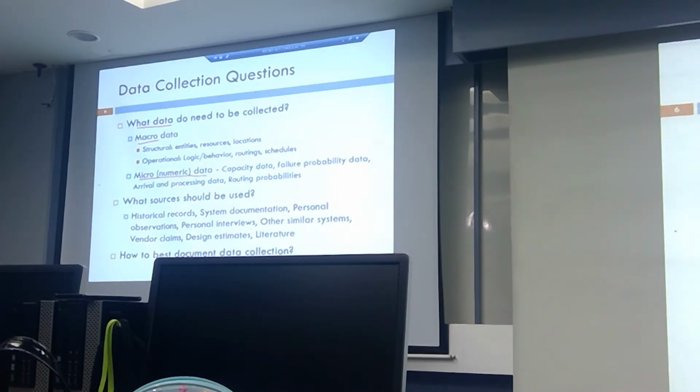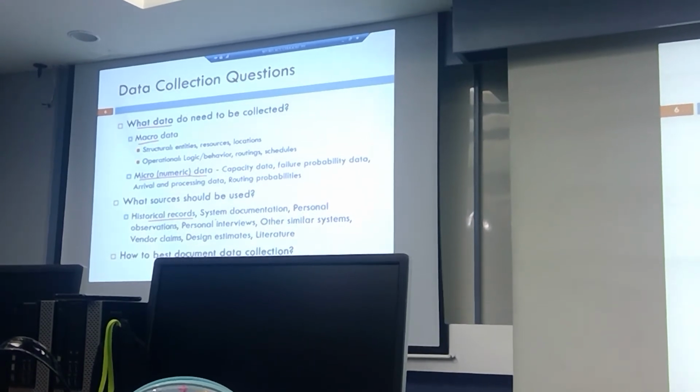And the source of the data, how you obtain that. Basically, you can use historical data or the secondary data. If it's available, use it first. Okay, it will be easier. Or use the system documentation.